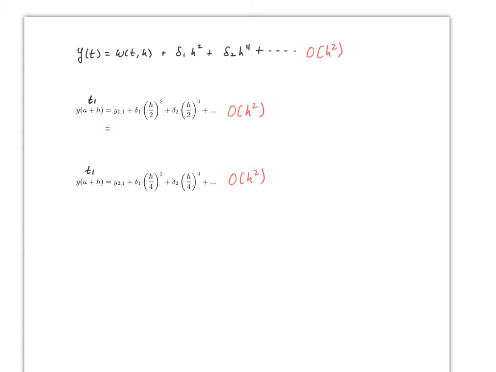If you expand, this will be Y11 plus delta 1. Remember, delta 1 is just a constant. This will be H squared over 4 plus delta 2 H to the 4 over 16, and so forth.